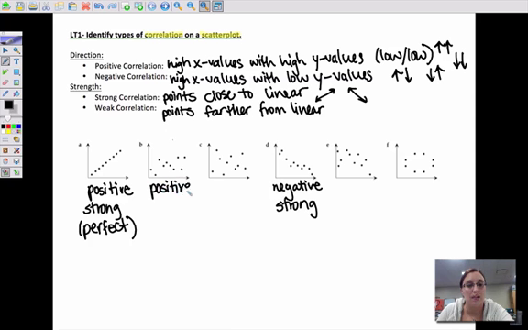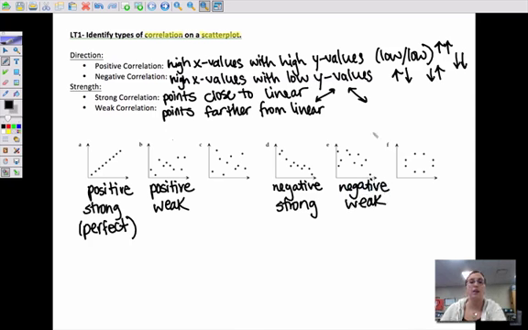So I would say positive, but because it was harder to see if they're in a line, I would say this one is weak. This first learning target is just going to be by your estimation. Then I also see this one over here. This is another negative correlation, but similar to B, it's also weak.